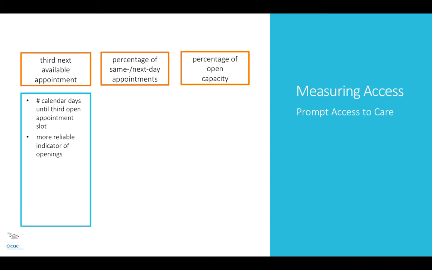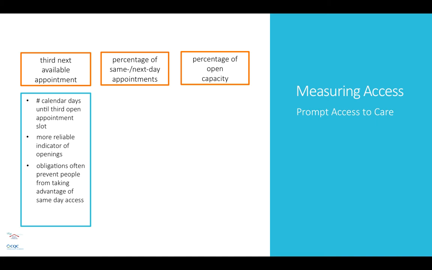It is also important to note that many people don't have the flexibility to take advantage of same-day appointments due to work, caregiving, etc. The third next available appointment is therefore more representative of meaningful access to the consumer.